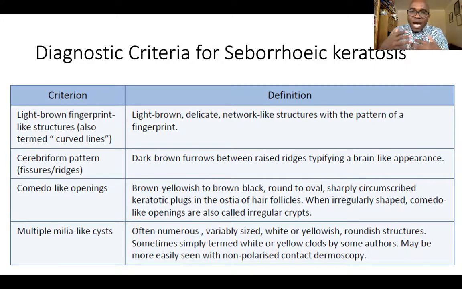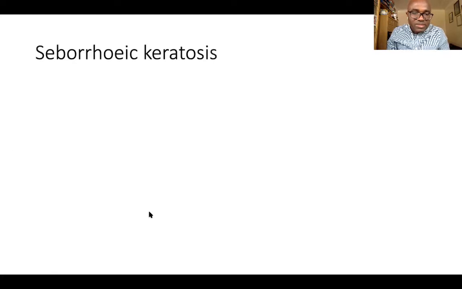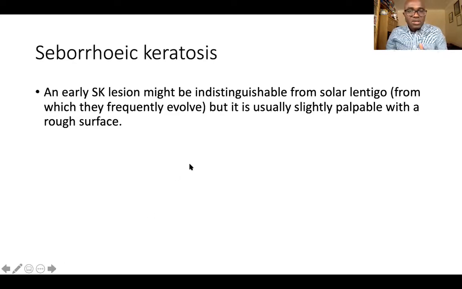So we're going to look at these two things, and then when we come to the details, this is what you see: in seborrheic keratosis, when it's early, it can have an appearance like the solar lentigo, with the finger-like projections that we'll talk about, but might be slightly palpable.